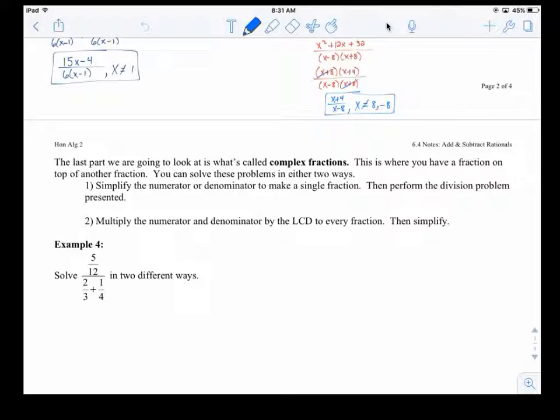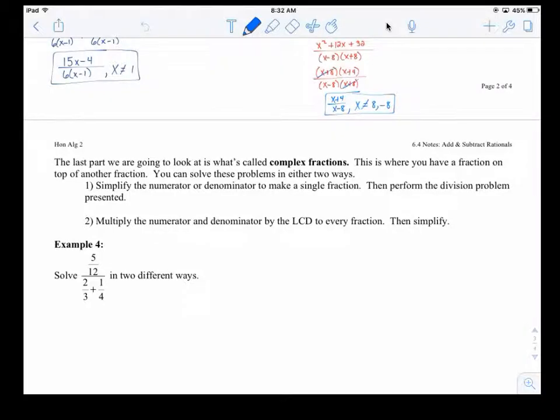There are two ways you can do this. In your denominator, you'll have one fraction plus another fraction. You can try and make that one single fraction and then perform the division, or you can multiply by a common denominator and then simplify.